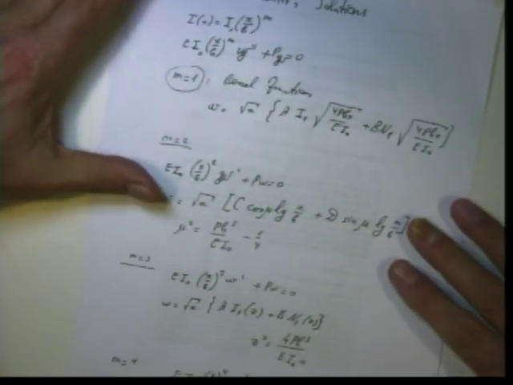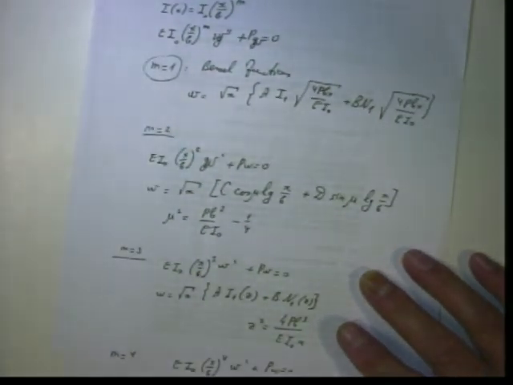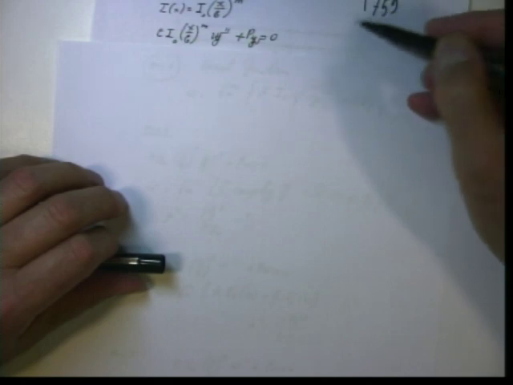Look, please, you may want to write down. These are Euler solutions. 1759. Actually, it's exactly 250 years ago.